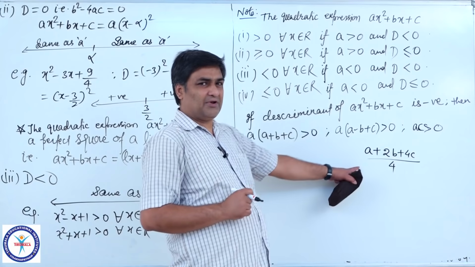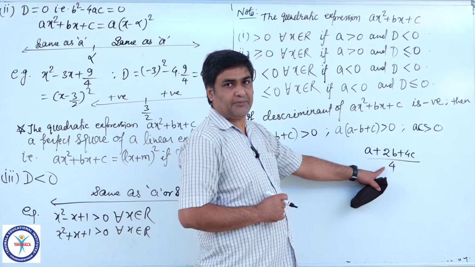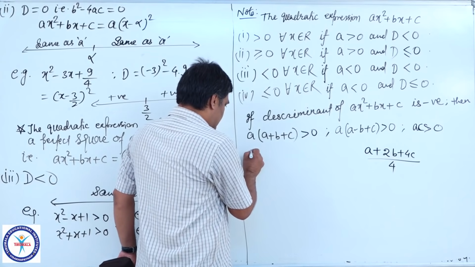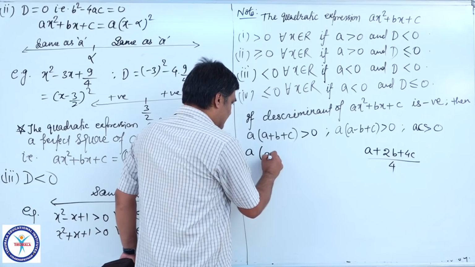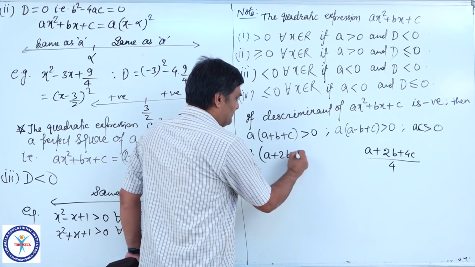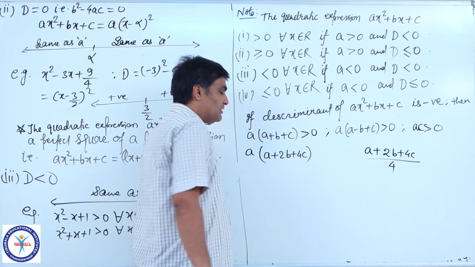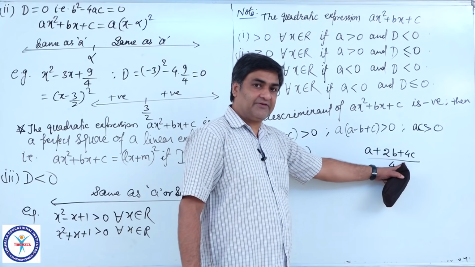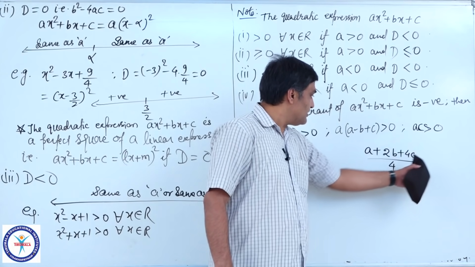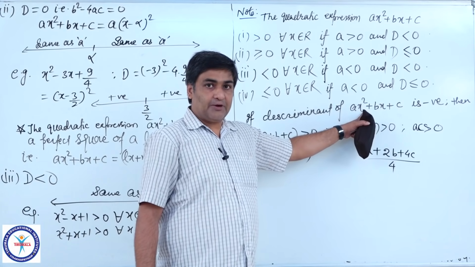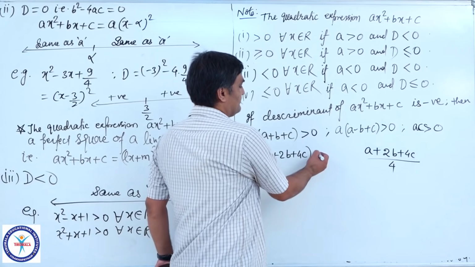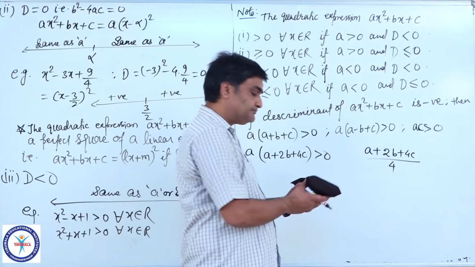The 4 will not play a role in sign change. So if a question is given like a into (a plus 2b plus 4c), this has to be the same sign as a. We are putting x equal to half, so the sign of this is also the same as a. So it is also greater than 0.